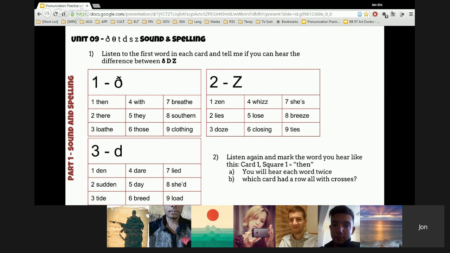All the squares in a particular row, or diagonal, or up and down. Okay. So right now, Kadir, we have 3 words in 3 different squares. Nobody can say bingo yet. But Kadir, if you said then, with, and breathe, I would shout out bingo, because then, with, and breathe are a row in card 1.